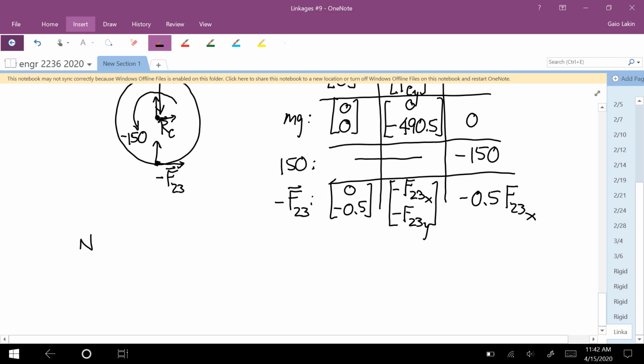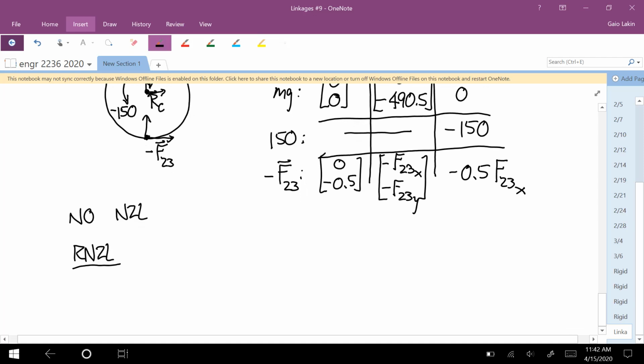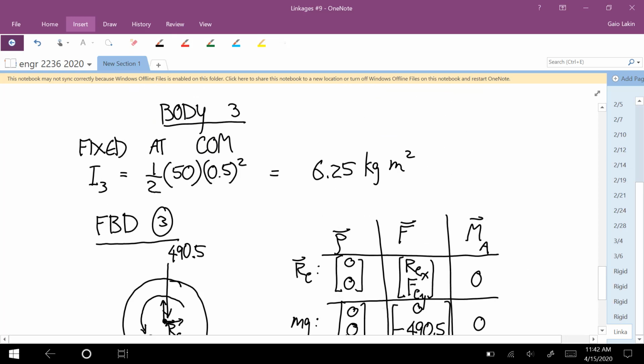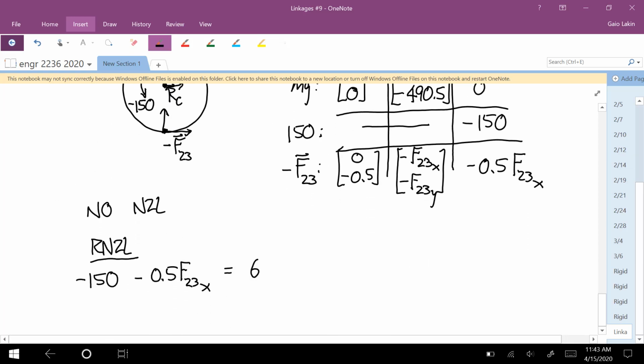This has a fixed point, so we don't have to do Newton's second law. The moment equation says negative 150 minus 0.5 F23x is equal to the mass moment of inertia times the angular acceleration for this body.